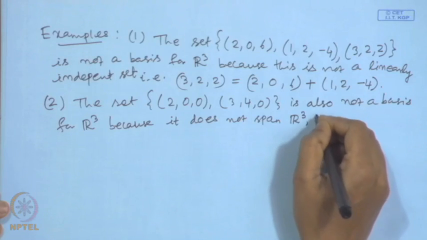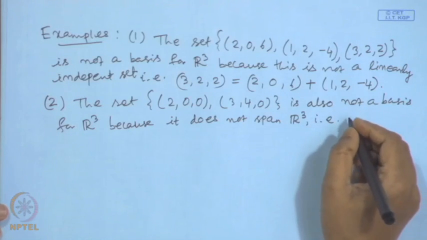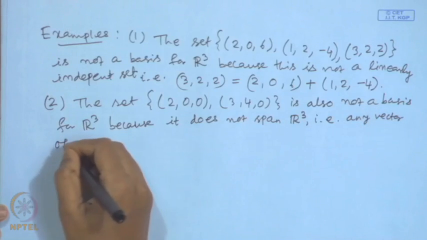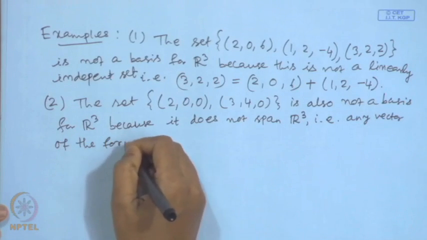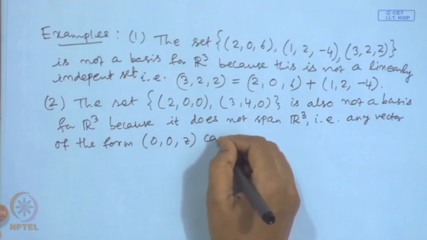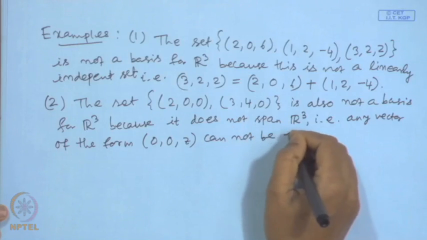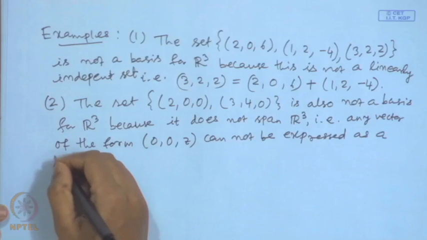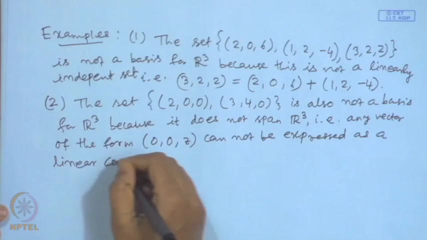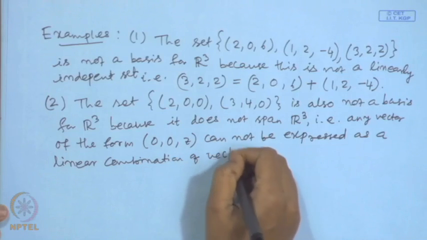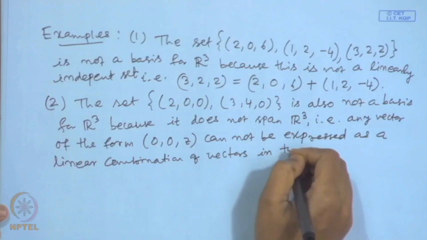That is, any vector on the z axis, of the form (0, 0, z), cannot be expressed as a linear combination of vectors in this set.